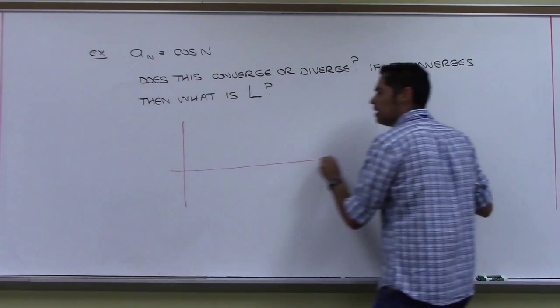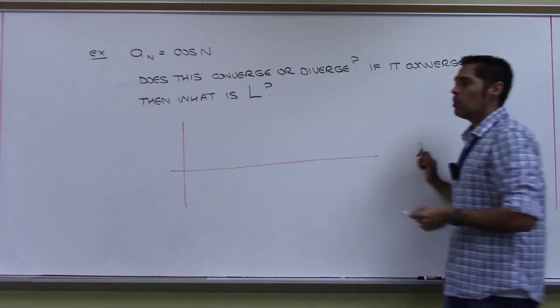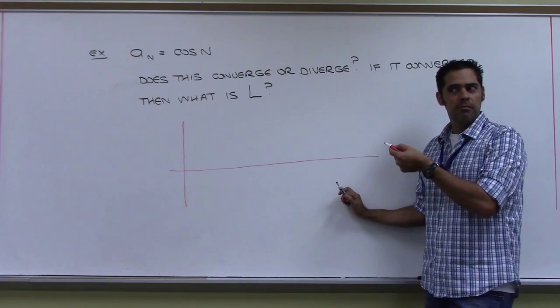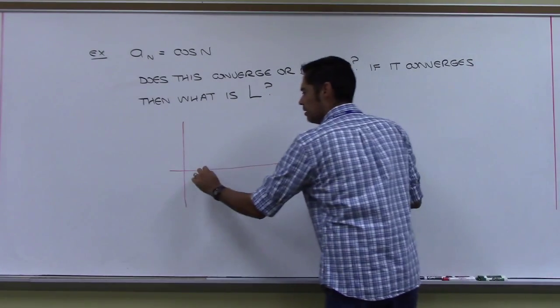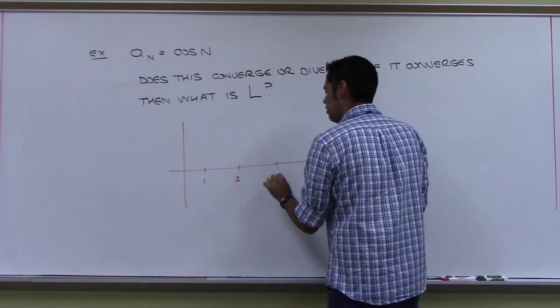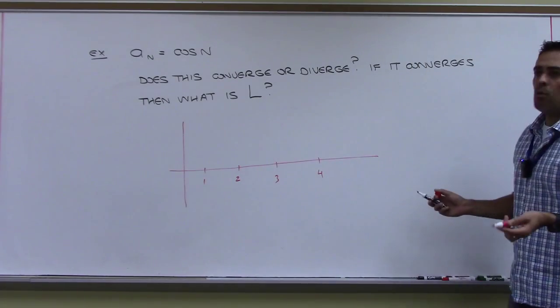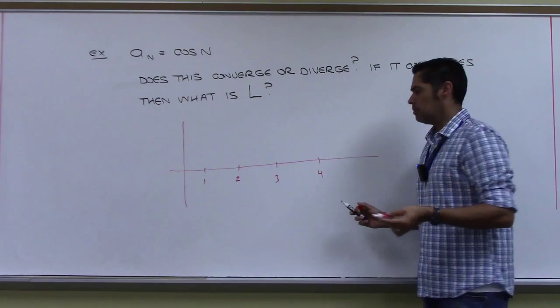We know that if we're dealing with a sequence, we're only allowed to plug in the, what do we call them? The natural numbers, right? 1, 2, 3. We're only allowed to plug those in. But we do know what cosine looks like, don't we?